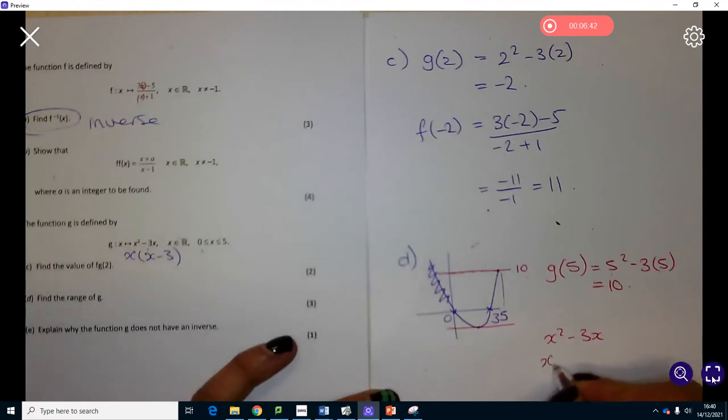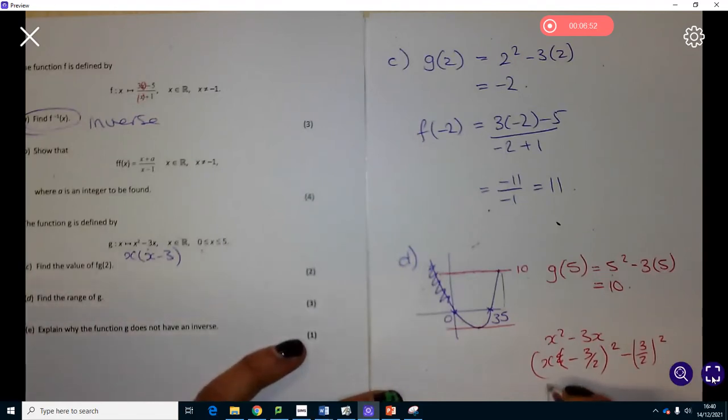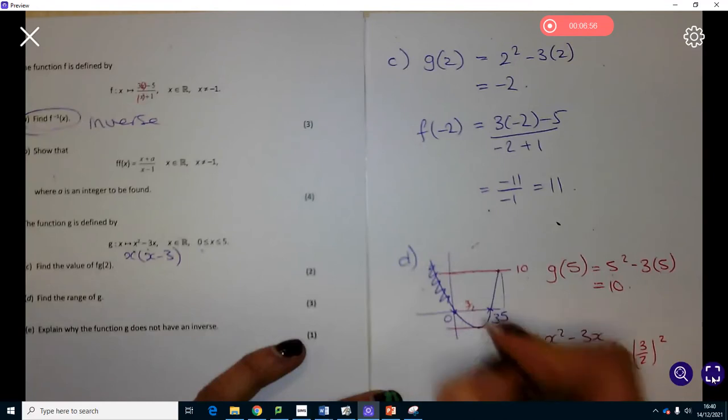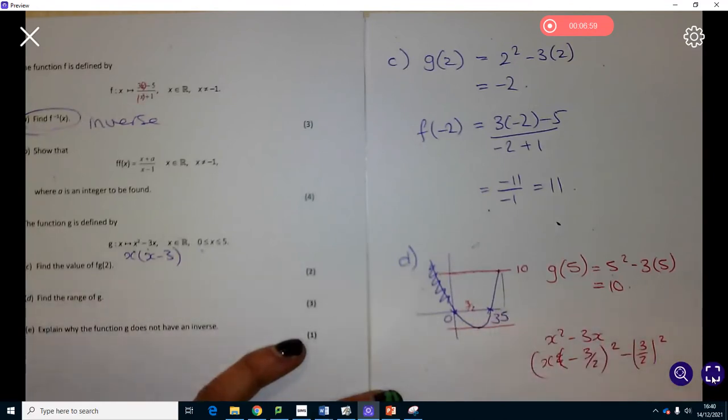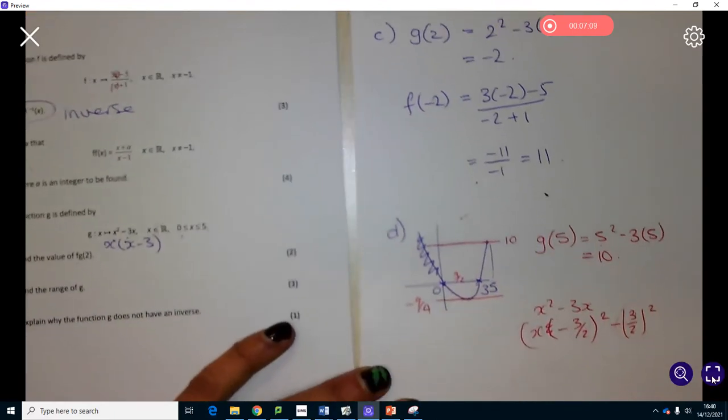So that is x take away 3 over 2 squared take away 3 over 2 squared. So the minimum is at 3 over 2. Well, that makes sense. It's halfway between 0 and 3. And that minimum value here on the y-axis is negative 3 over 2 squared. So that's negative 9 over 4.